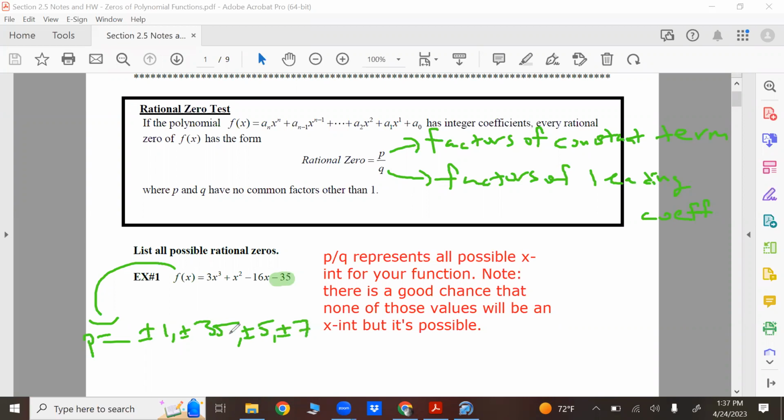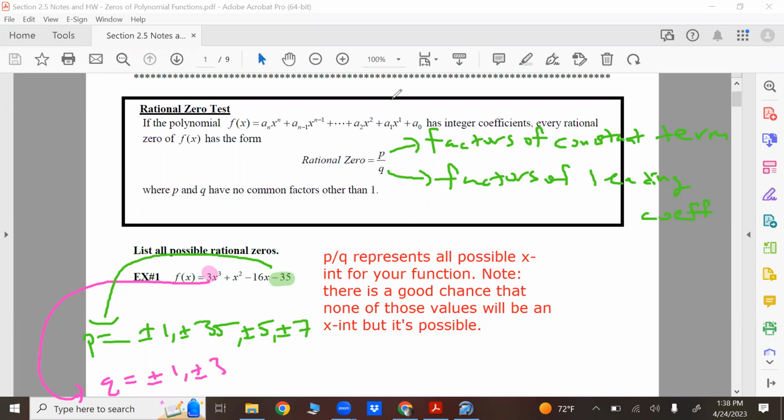It's not a big deal. And what are the factors of 3? Just 1 and 3, right?